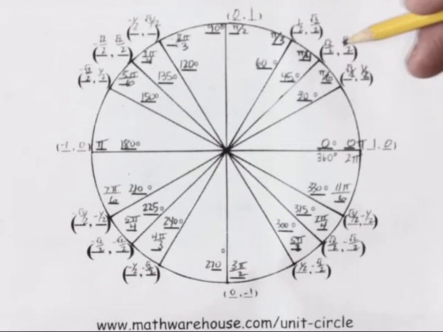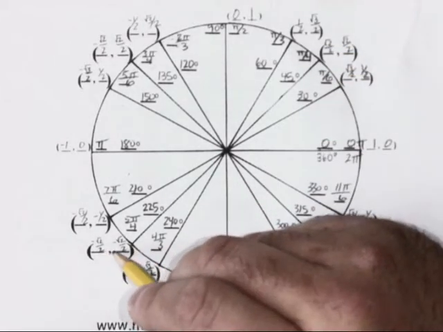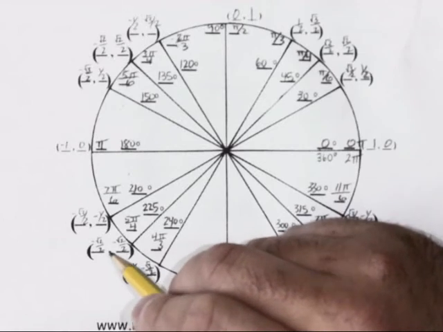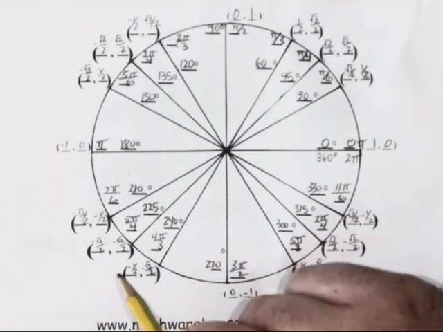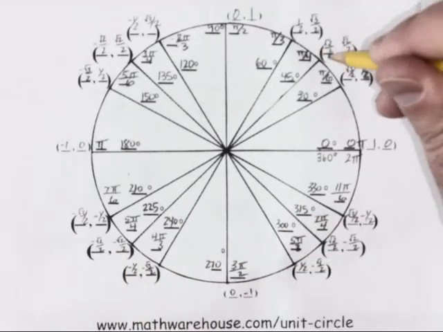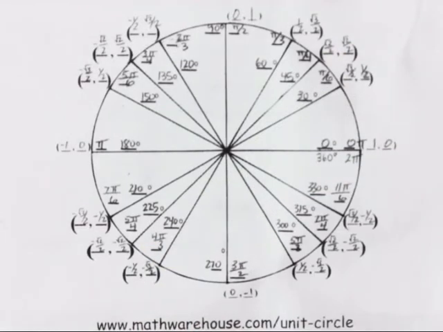If I go 180 degrees over, directly across, I get the same numerical values except these are both negative. Negative divided by negative is still positive. So the tangent of pi over 4 is equal to 1, and the tangent of 5 pi over 4 is equal to 1 as well.